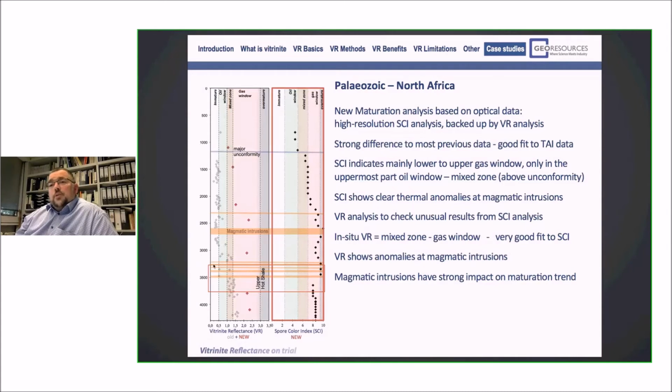So this changes the whole scenario from a very low mature to a high mature setting over this full lower interval over here. And the magmatic intrusions show a major effect on maturation of the organic matter, as we should expect.